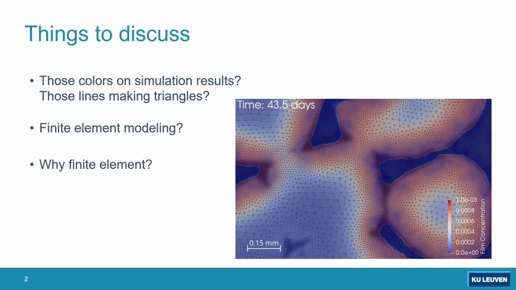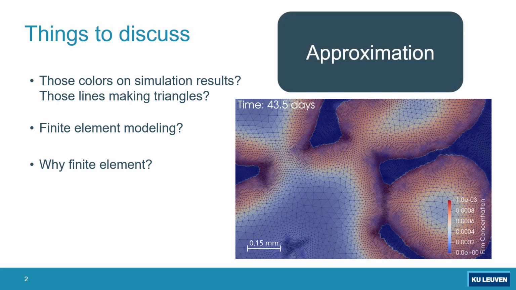But instead of discussing these things, I decided to discuss another important concept. By understanding it and seeing its purpose in engineering, you can get the answer to all these questions. That's the concept of approximation, and this is what we are going to discuss today.